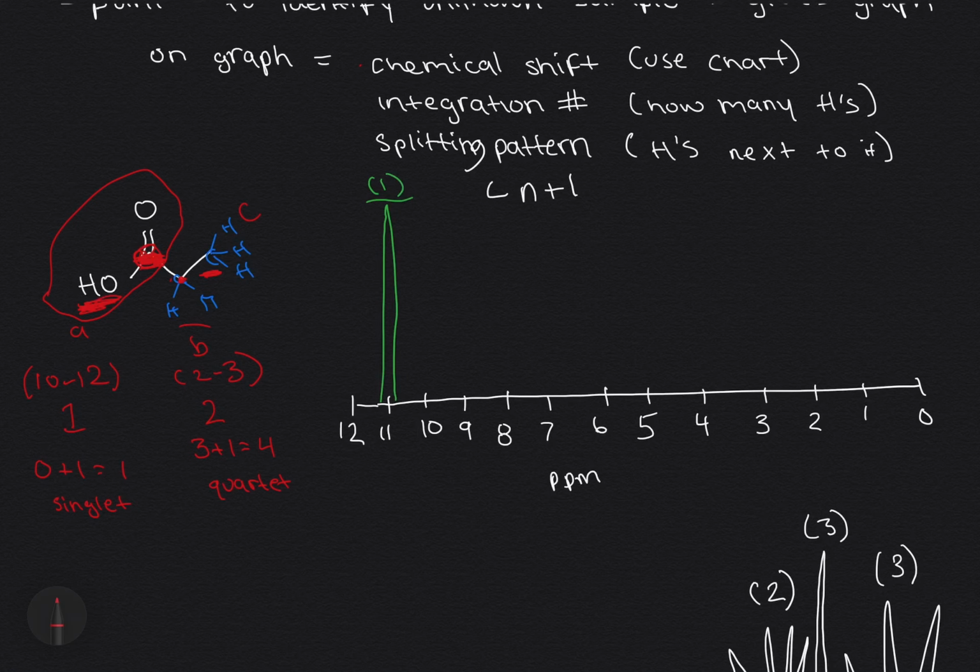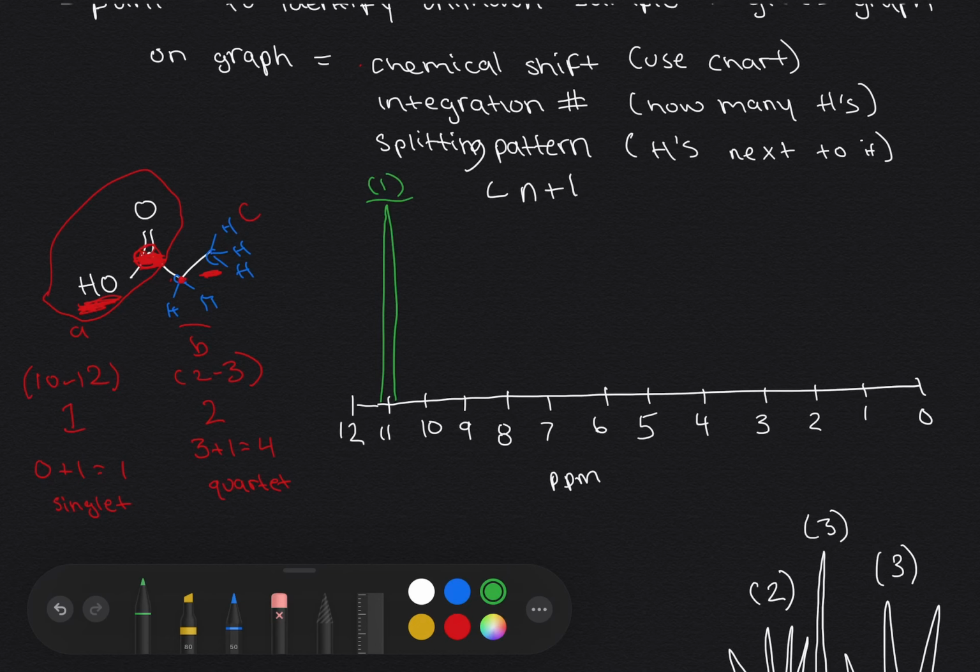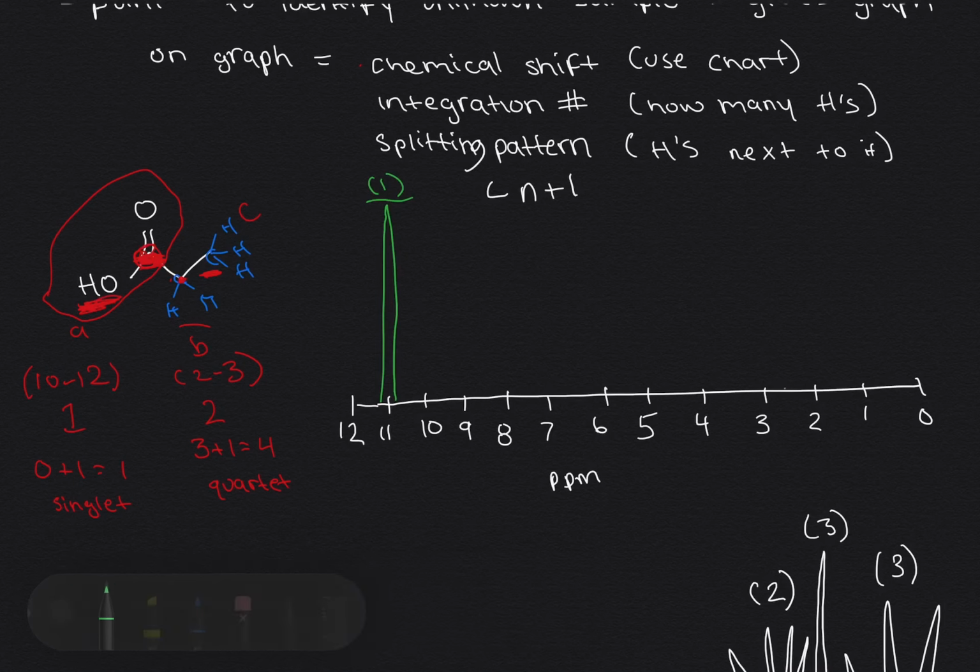And let's go ahead and draw that on our graph now as well. Okay, so somewhere between 2 to 3, we're going to have a quartet. So 1, 2, 3, 4. It's going to look something like that. Oh, and then our integration number would be 2. Roughly a 2 showing up there.